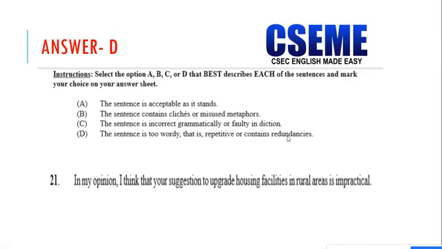Now, I make this error all the time, and a lot of us make this error all the time. In my opinion basically means I think. So since you're saying in my opinion, you don't need to say I think. In that way, it's redundant, right? Saying I think, it's repetitive, it's redundant.